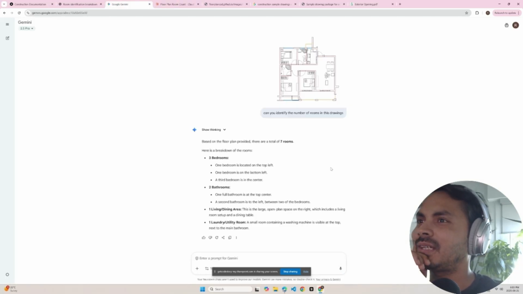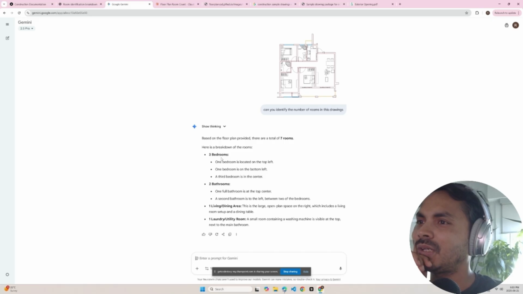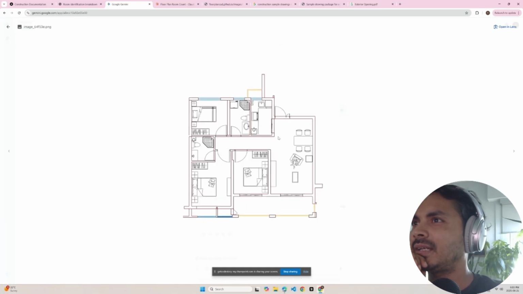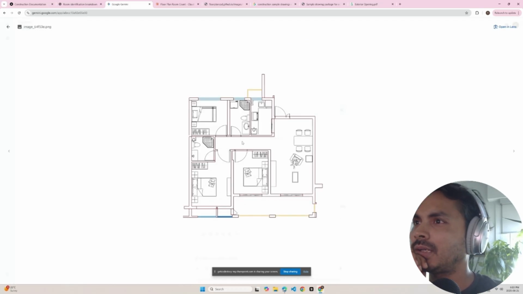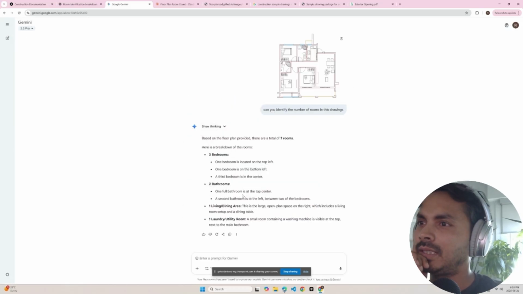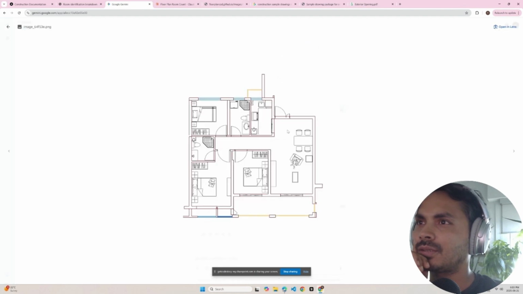What about this one? So it says 3 bedrooms, 2 bathrooms, one living dining room, and one dining area. So Gemini, I think, is very correct. There's 1, 2, 3 bedrooms, and then there's 2 bathrooms, okay. And then there's living, dining, and laundry utilities. So the living area, and then where's the laundry utility room?